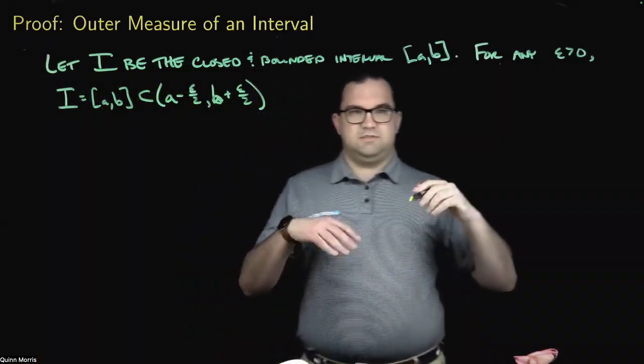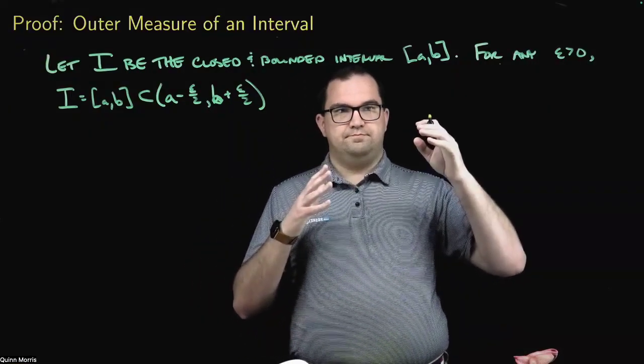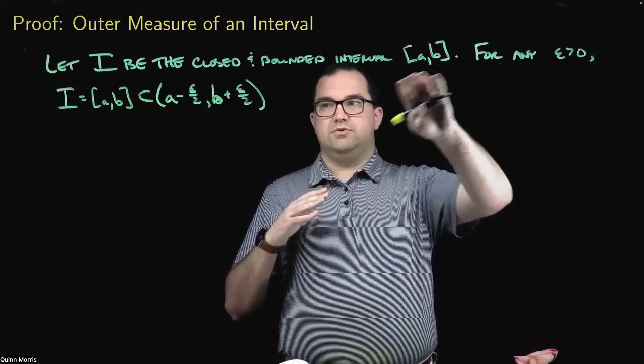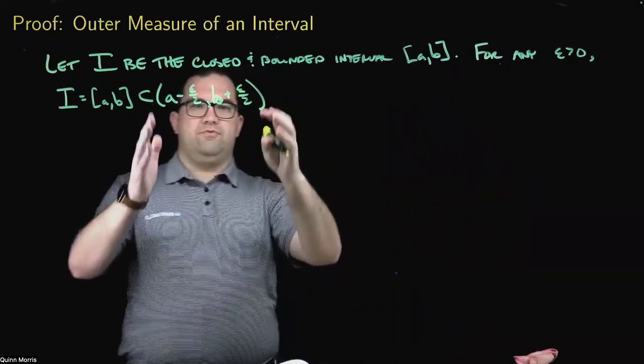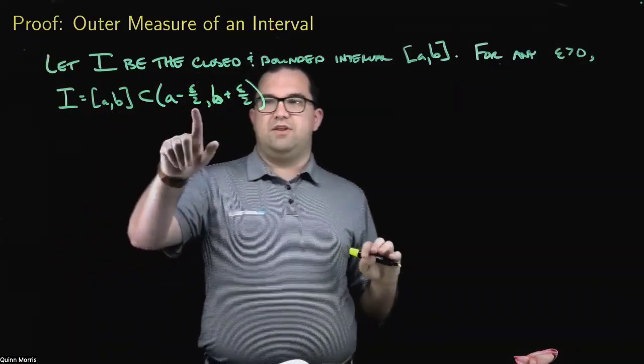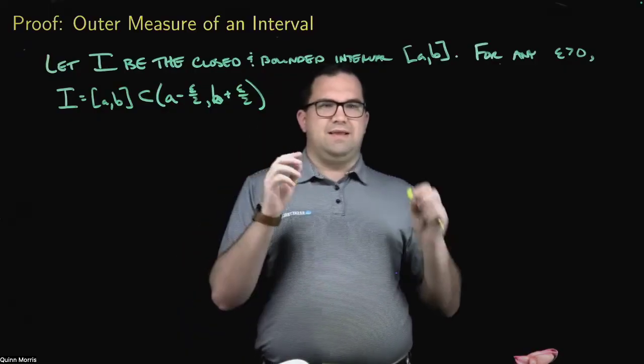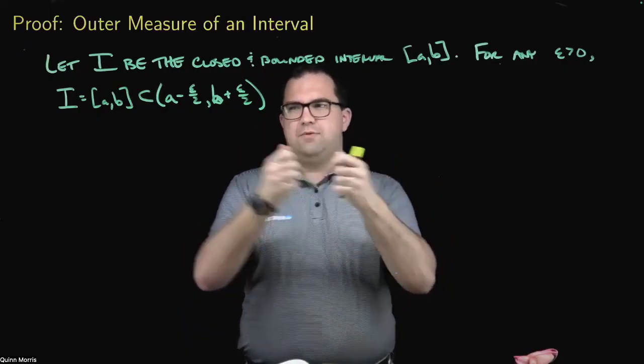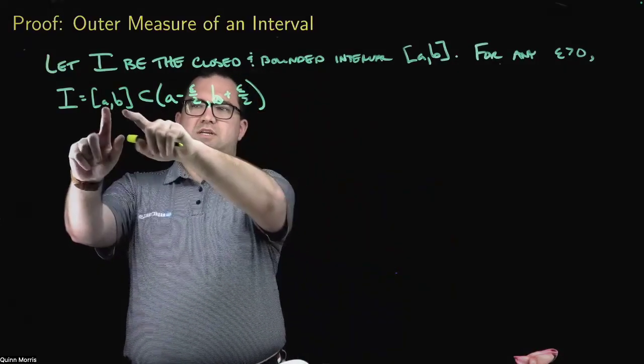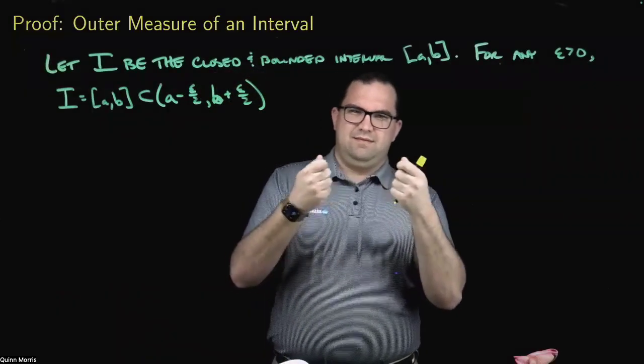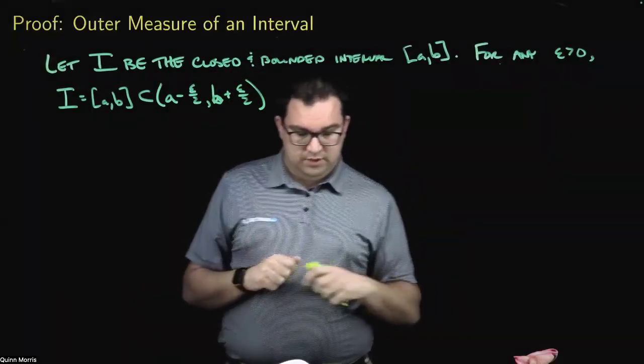All right, so I'm just taking this closed interval and building this open interval that this closed interval sits inside of, and notice that I'm demonstrating that I can do this as closely as I would like. I can make these endpoints as close as I would like to a and b, but they need to be a little bit outside, essentially. Okay.